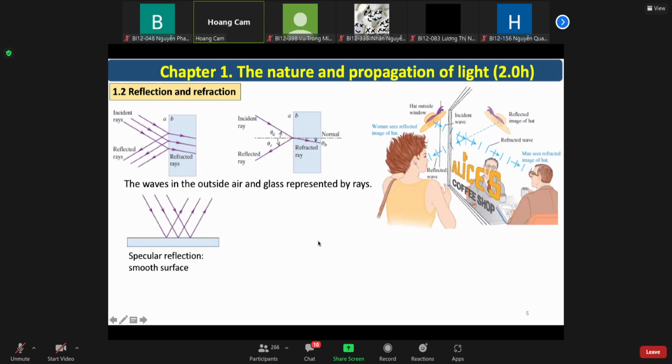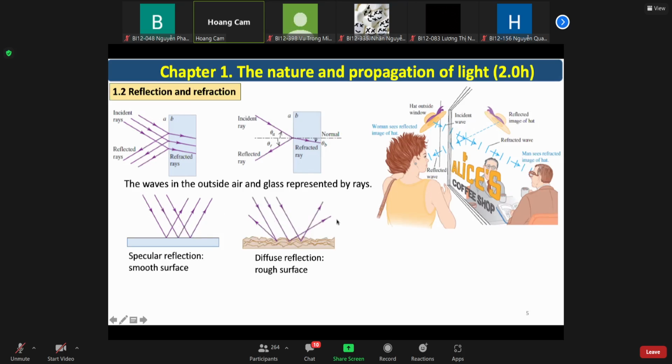So we have two cases for the reflection. If you have a very smooth surface, this kind of reflection is called specular. Parallel incident rays and then parallel reflected rays as well, right? As we see here, the reflected rays are parallel as well.